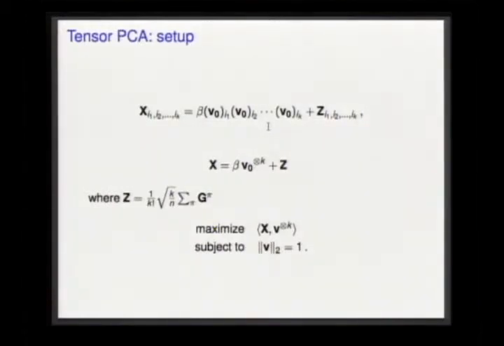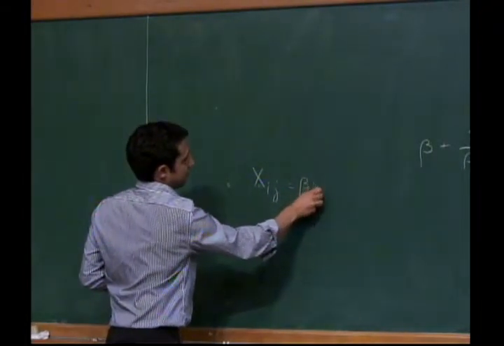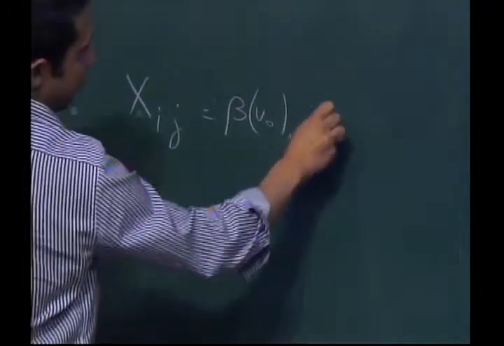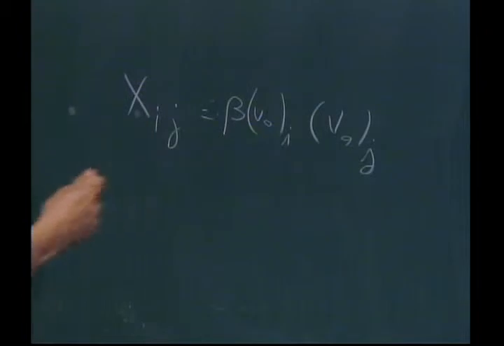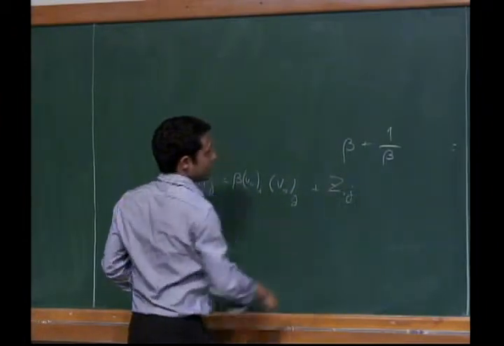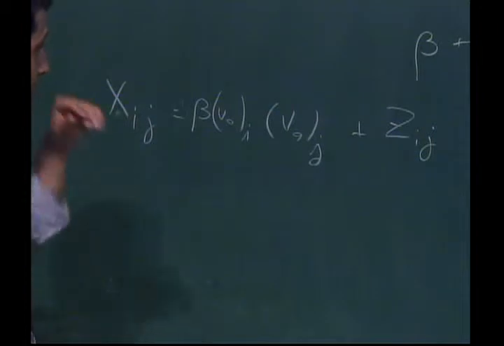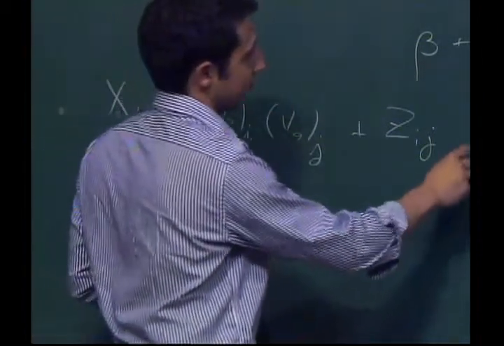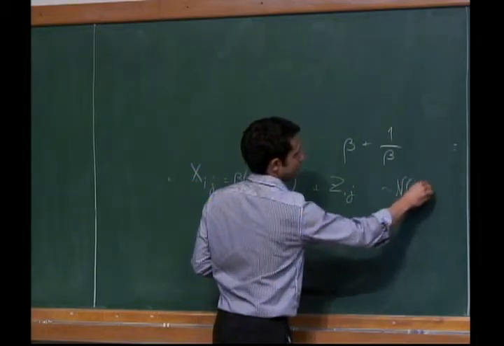Before, the entry ij of the matrix was beta v0i v0j, and here we have multiple terms like this one, plus noise Z_ij. We assumed in the previous case that the matrix Z was a symmetric matrix with entries IID from normal 0, 1 over n.